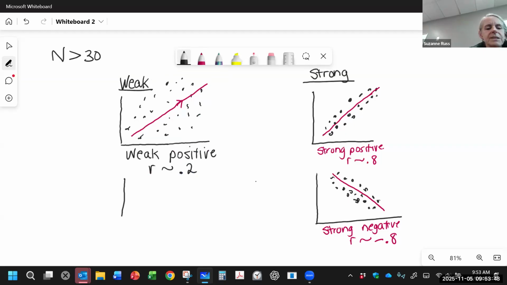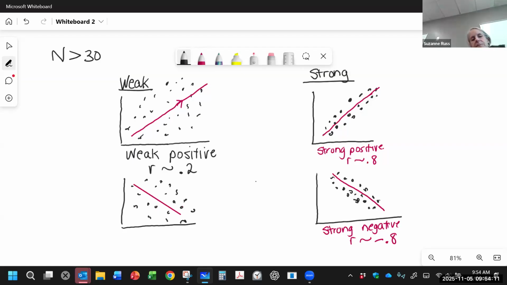And similarly, as you might guess, we could have a weak negative relationship. In this case, we detect a line going downward. And the points might be scattered, again, kind of far away from the line. You can still tell they're kind of going down, but they're pretty far away.